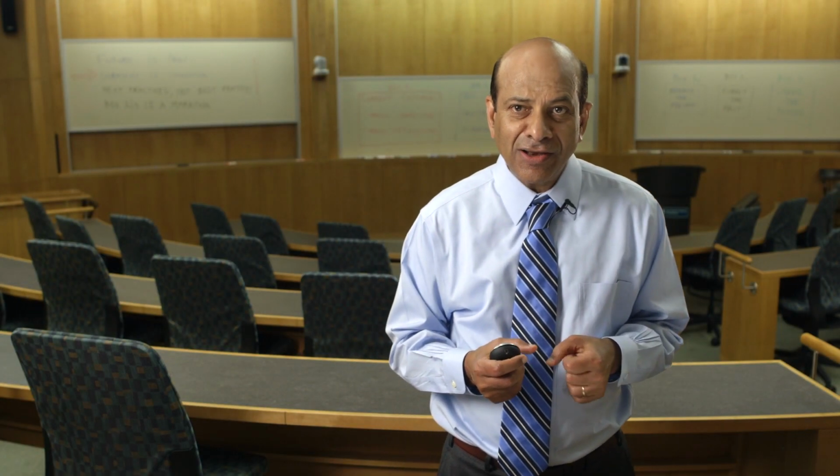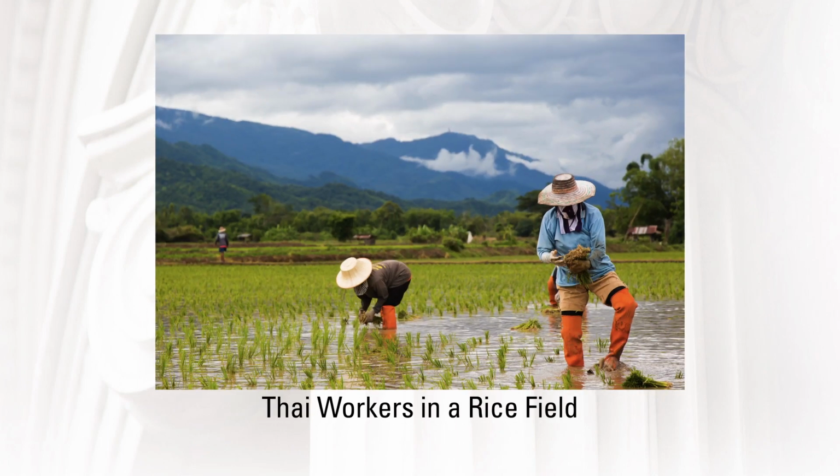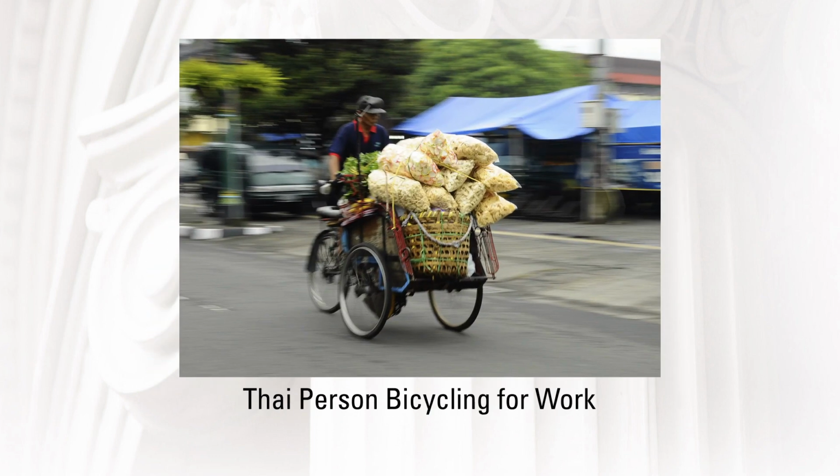90% of people in Thailand work in rural areas. They are working on agricultural fields. Imagine you're an amputee in Thailand, you received an artificial leg, and you're working in agricultural fields. It's not just uneven, it is wet. People in Thailand don't just bicycle to work.